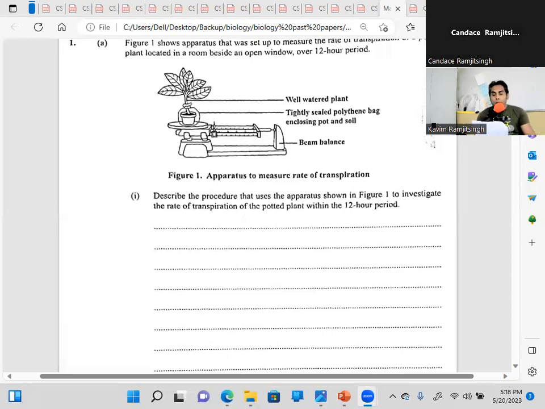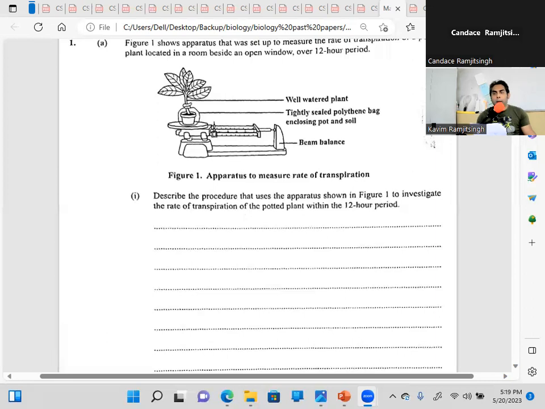Explain two ways in which the type of nutrition carried out by the organism named differs, so how the nutrition between a decomposer and a plant is different. First, the decomposer converts complex substances into simpler substances, and the plant converts simple substances into complex substances.